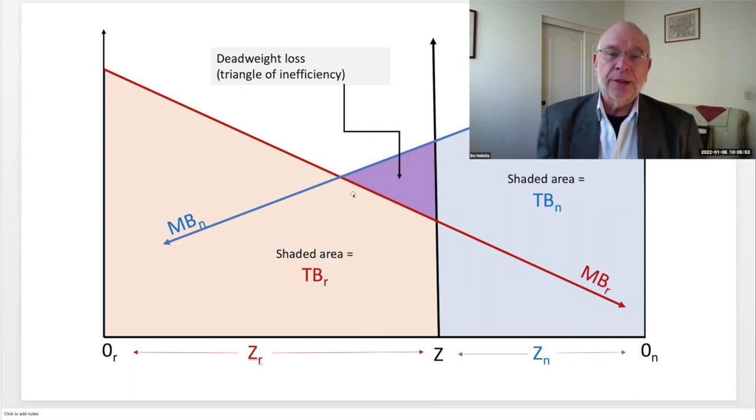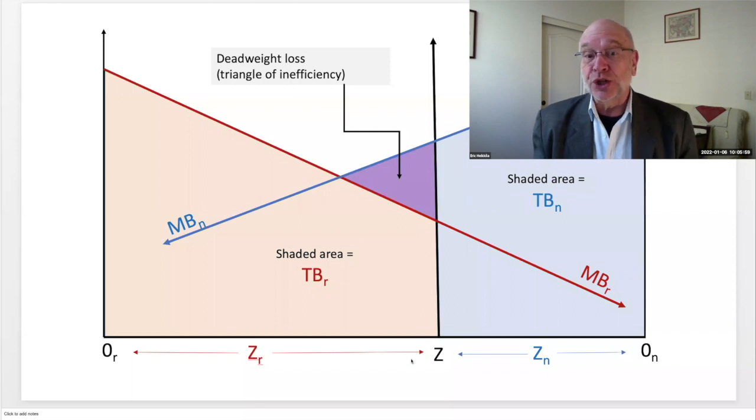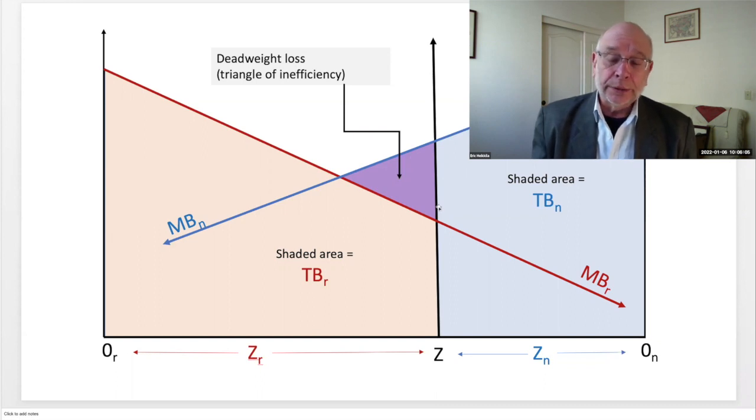And that's not clear how we might do that. So in the general case, the zoning allocation Z will not be optimal in the sense that's depicted here.